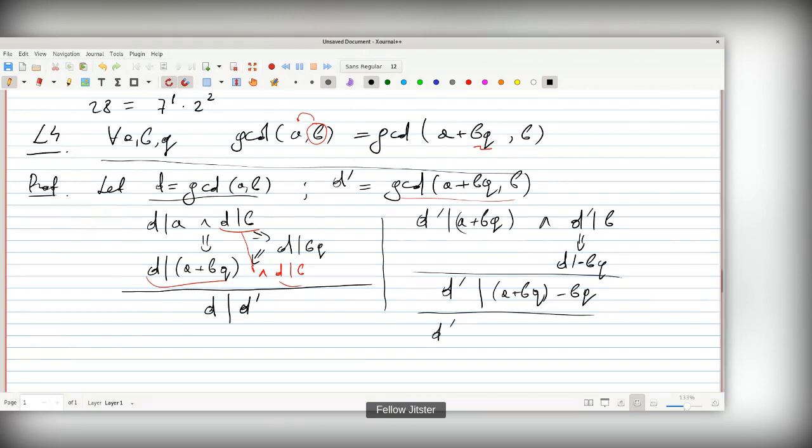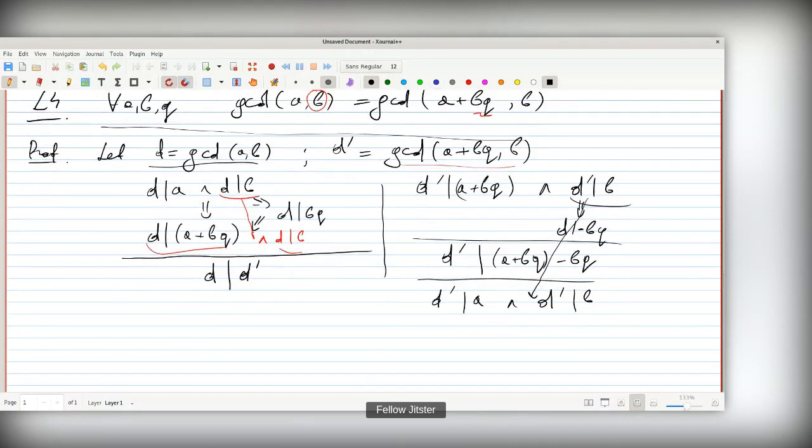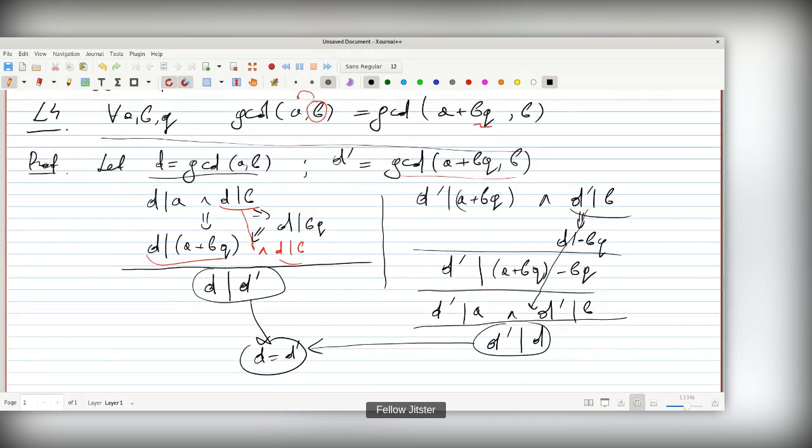So D prime divides A, and it still divides B. So D prime is a common divisor of A and B, of which D was the greatest common divisor. Hence, D prime must divide D. We have two naturals where each divides the other one. Hence, these two naturals are equal. That's all. Nothing else than applying the definition.